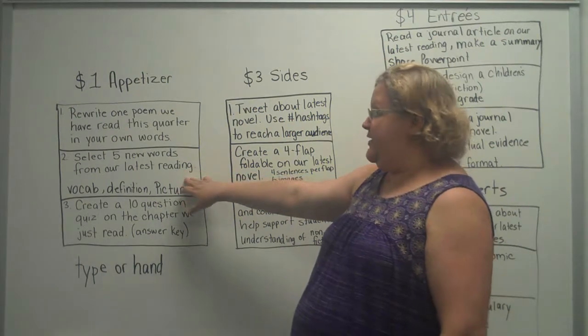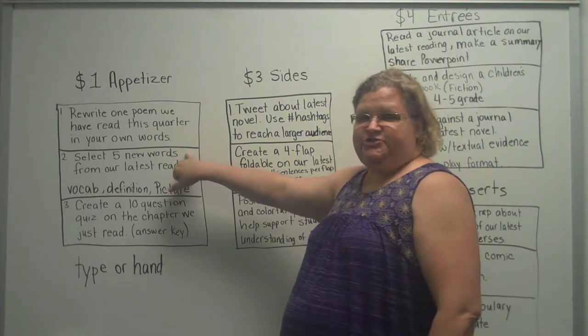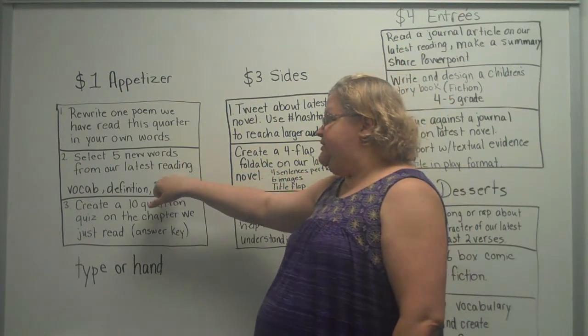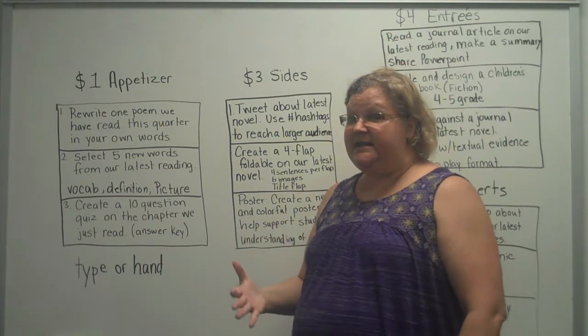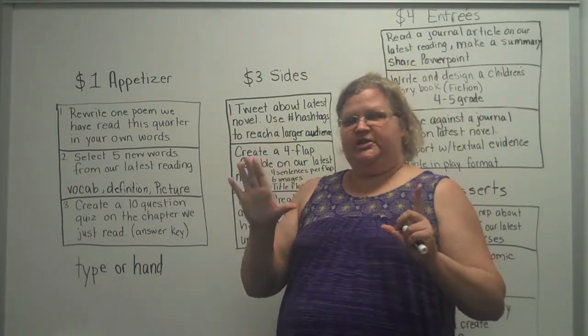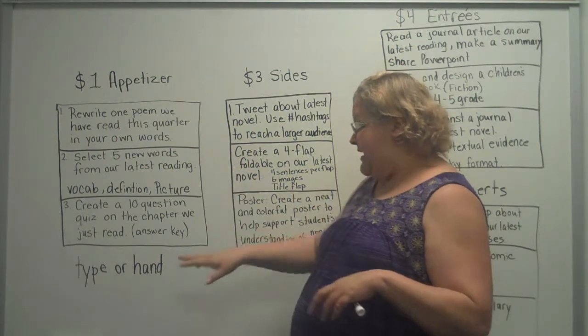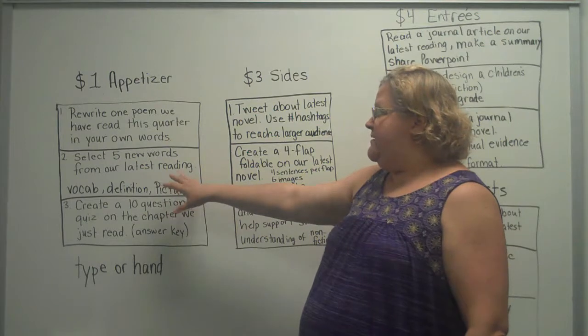The next option you have for your appetizer is to select 5 new words that you came across from our latest reading. These are words you might not be familiar with or you're not really sure of the meaning. You are going to make a small poster on an 8.5 by 11 sheet, and you can type this up or draw it by hand. You're going to make this colorful.